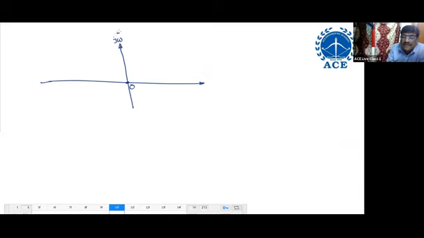When zeta equals 0, poles lie on the imaginary axis, the j omega axis. The system is marginally stable.